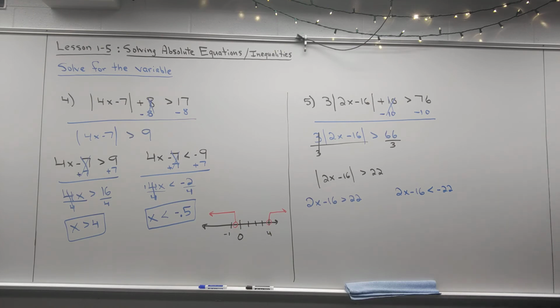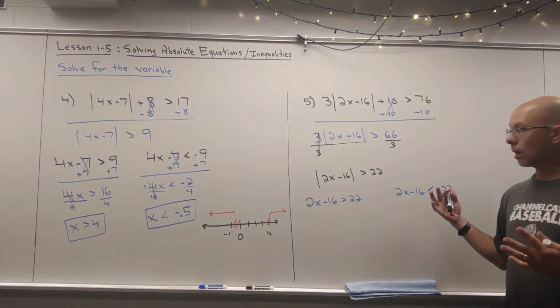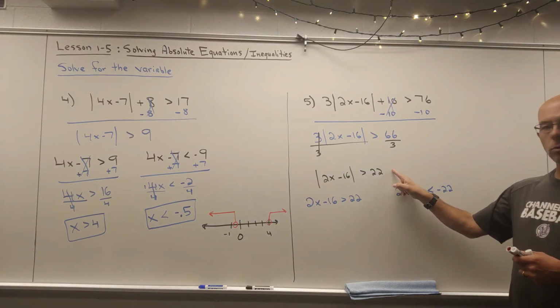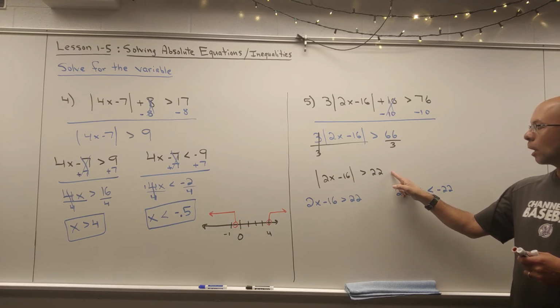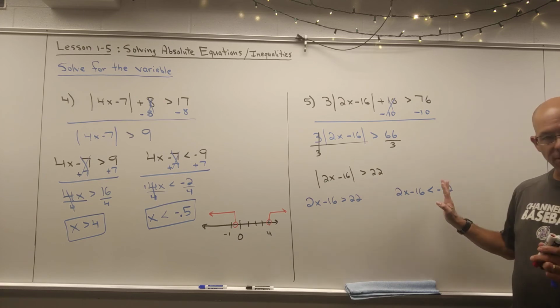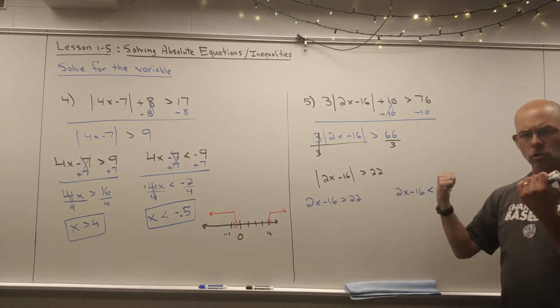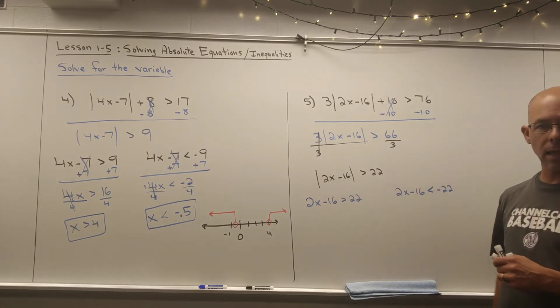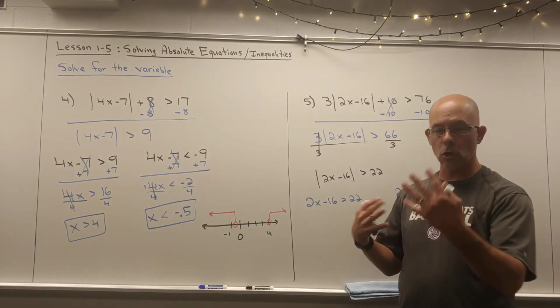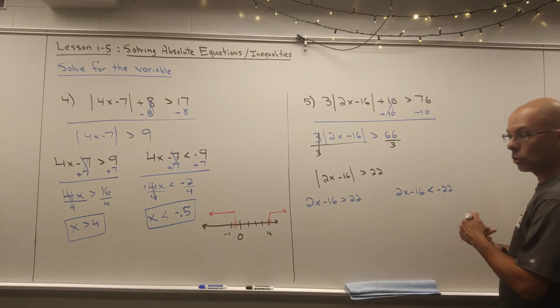Okay? And we're ready to go. Now let's pause right here again. That original question was greater than. And when we got to the part where I split, right before I split, that means these answers should be going away from each other, just like the last example. Solving these both require me and you to add 16, divide by 2.